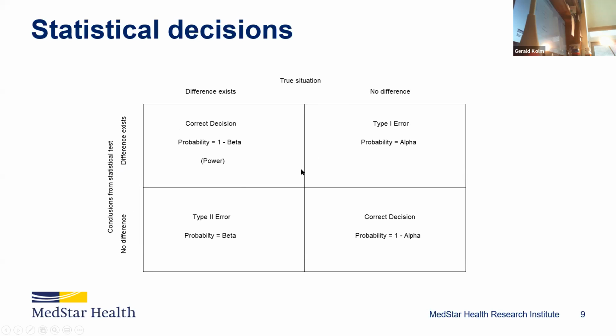And so if, based on our statistical analysis, we say that there is a difference that exists in the population, but in reality, no difference exists, then we've made what's called a type 1 error. And the probability of this we refer to as the alpha error.